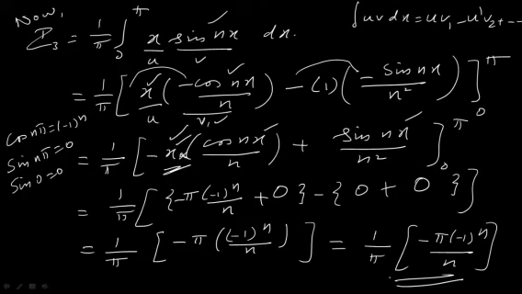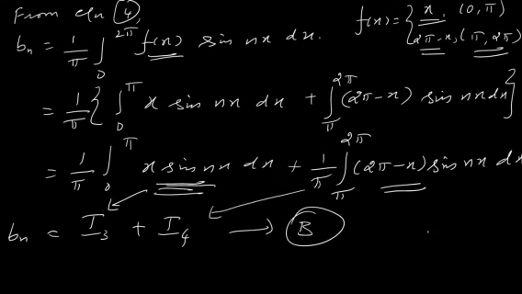Next we calculate I4. So what is your I4? I4 is 1 by pi integral pi to 2 pi of 2 pi minus x sin nx dx. So now let me calculate I4.